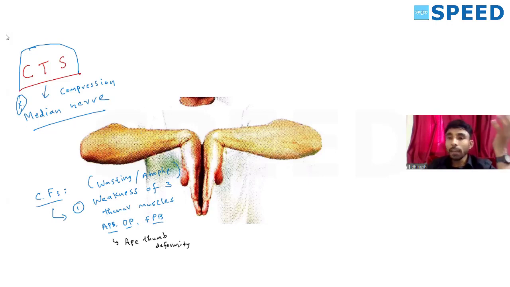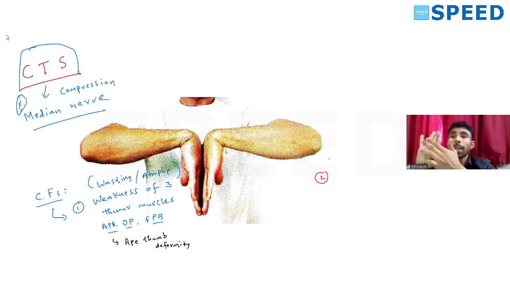So what are the other clinical features of carpal tunnel syndrome other than atrophy or weakness of the three thenar muscles? In the palm, the skin of the lateral 3½ fingers is supplied by the median nerve. So there may be loss of sensations.